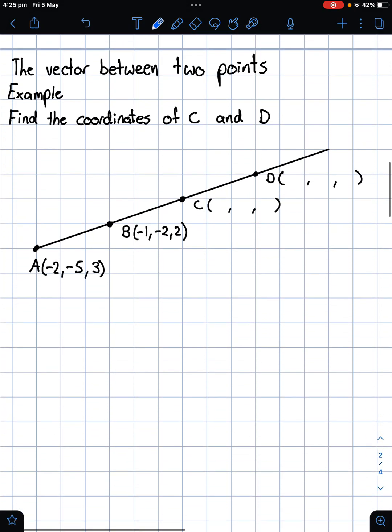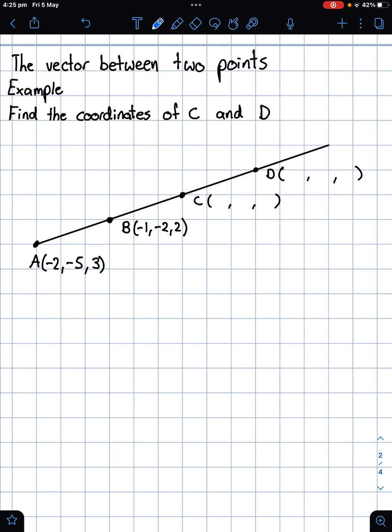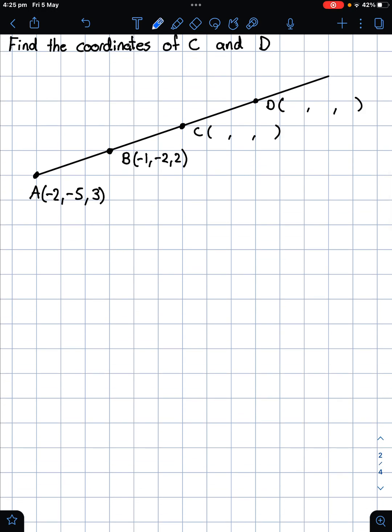So that might be the same for us. This one here, our example is find the coordinates of C and D. If we consider the vector AB, I'm going to give the symbol a. That's sort of saying this vector here, which we've done in blue, I'm just going to call that a.